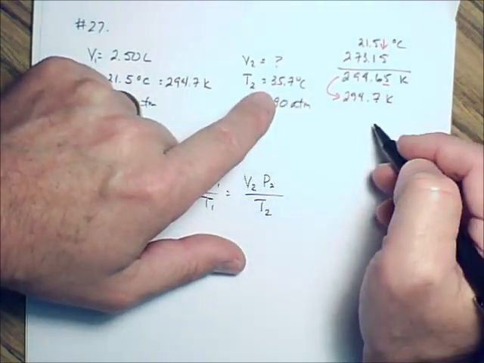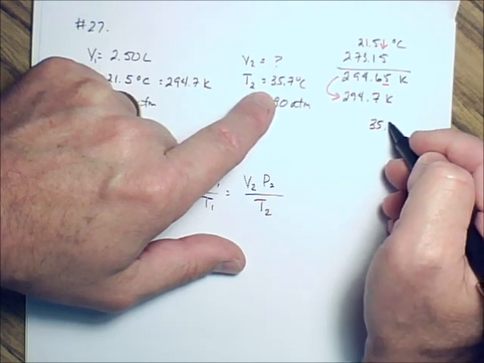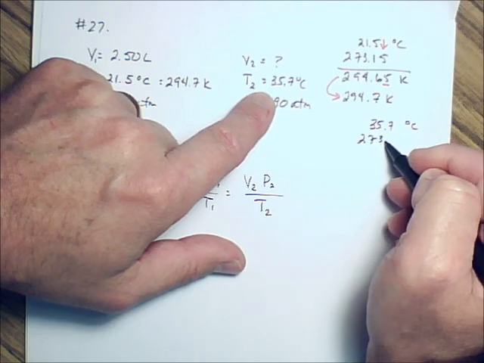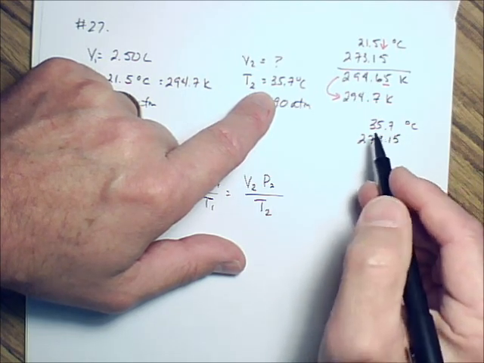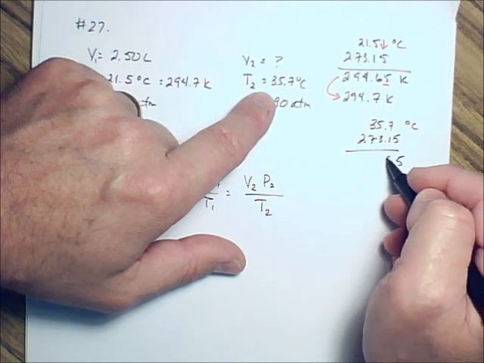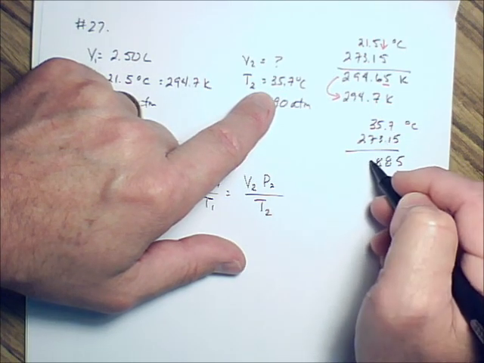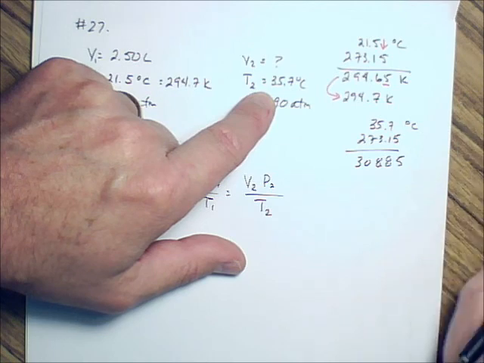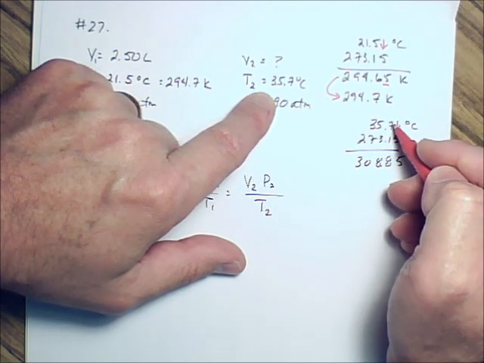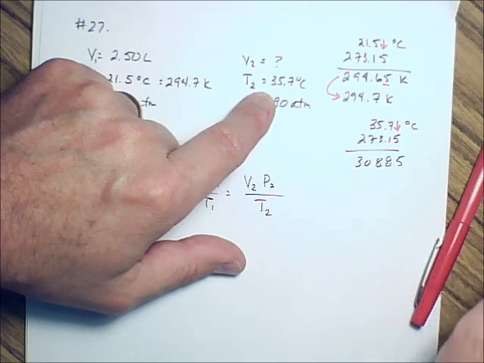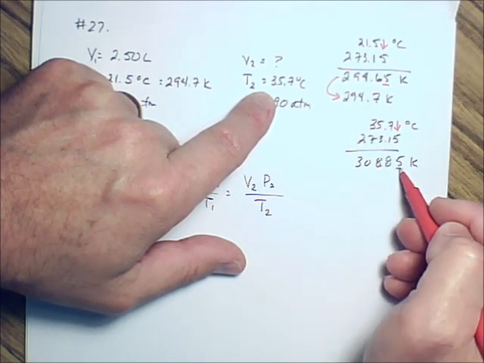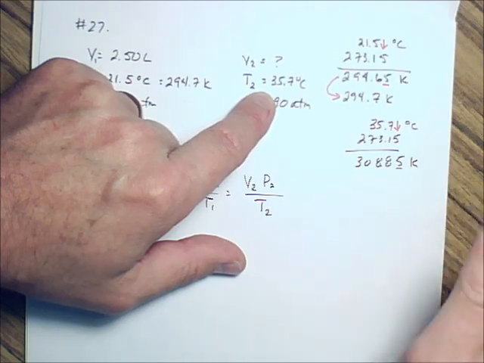And this temperature has to be changed as well. 35.7 degrees C plus 273.15. Okay, 5, 8, 8, this is 10, so 308.85 K. Got an empty slot there, so that 5 that results is going to be underlined.